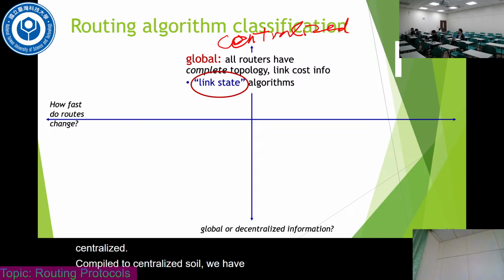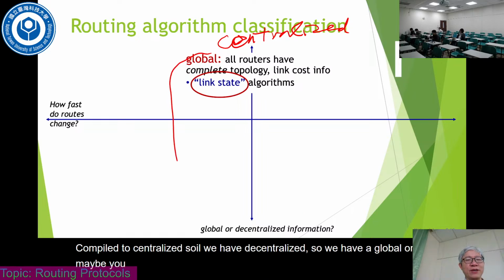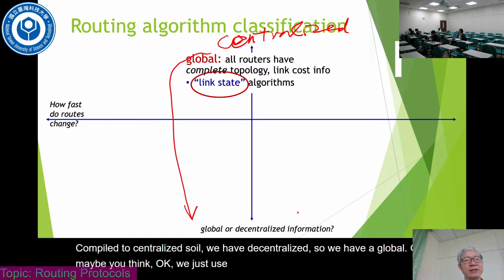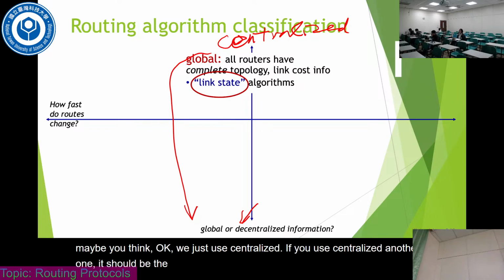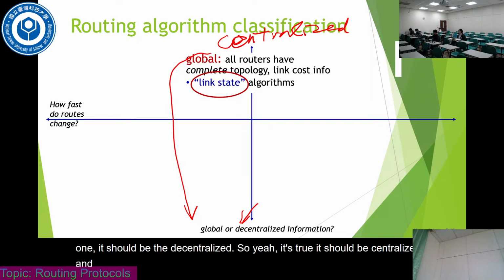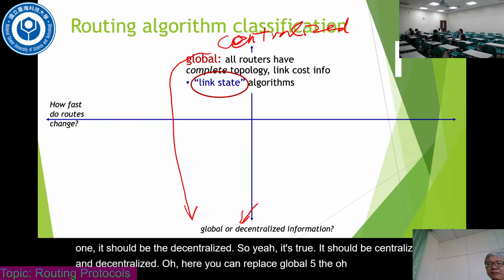Compared to centralized, we have decentralized. Maybe you think, okay, we just use centralized and decentralized. Yes, it's true, it should be centralized and decentralized. Here you can replace centralized by global.